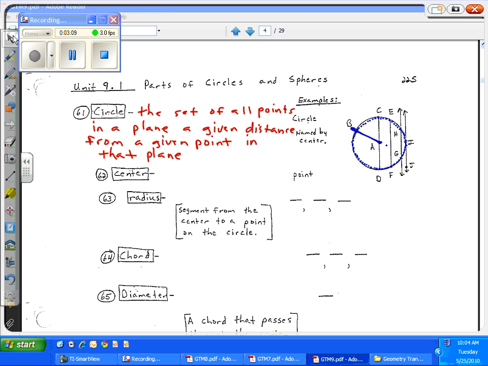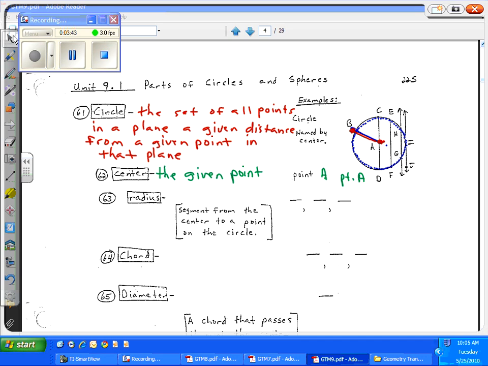The given point is called the center, and the center was point A, which we could write as point A. The given distance, that all of those points were the same distance from the center, is the radius.